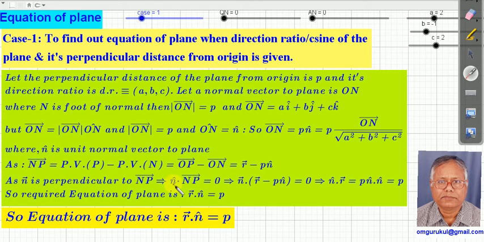N is normal to the plane, NP is on the plane, so N dot (R minus PN) is equal to 0, which after modifying gives R dot N equal to P. That is known as the vector equation of the plane whose direction ratio or direction cosine is given and the perpendicular distance of the plane from the origin is given. Okay. So this way you can get the vector equation of the plane.